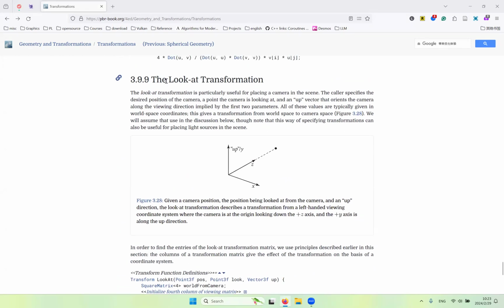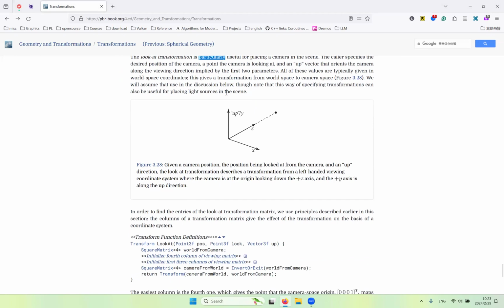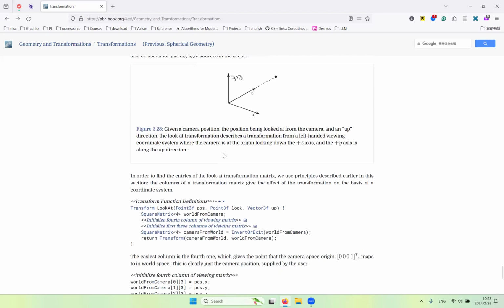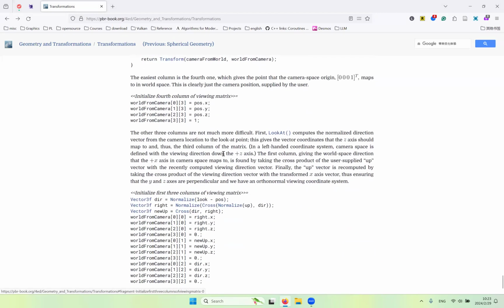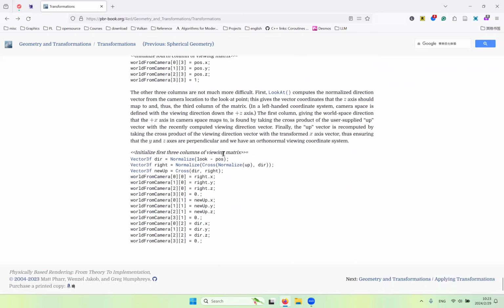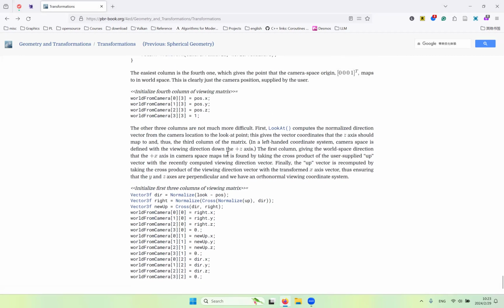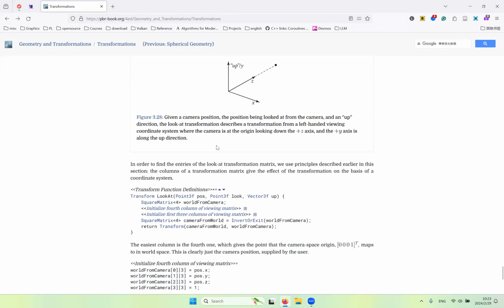Look-at transformation is another useful operation. I guess I will skip this again.